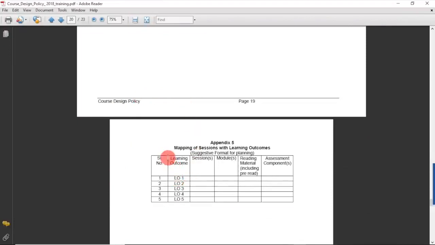Now this is one more mapping document which is usually used by the teachers, and we suggest that they should use it. Because whenever you are developing learning outcomes, you should see how many sessions you have tried to focus upon each learning outcome. Now your subject outcome should meet the program outcome, because every subject outcome is coming out from the program outcome.